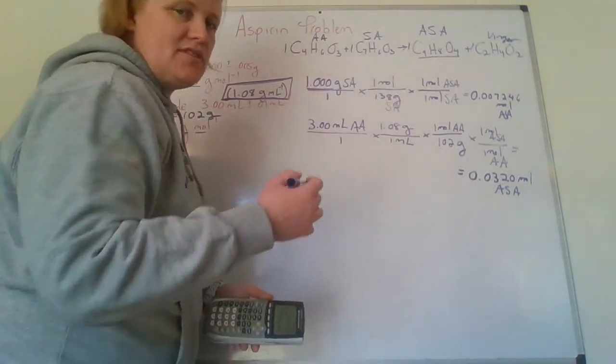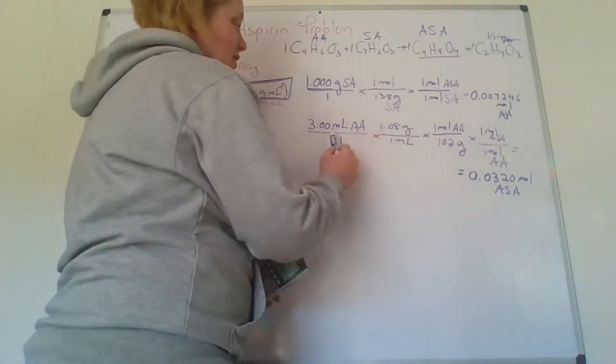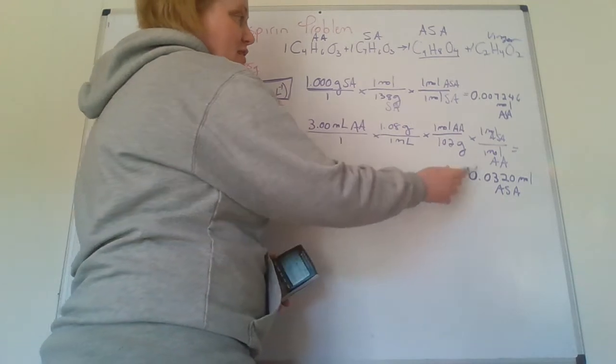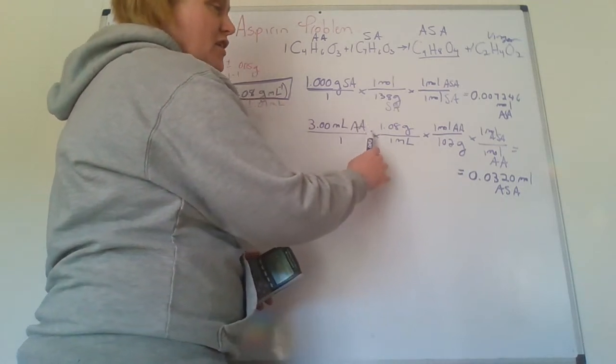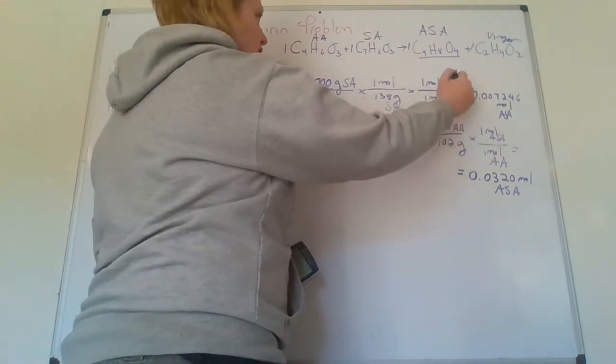So a lot of you at this step thought that acetic anhydride was your limiting reagent, because if you used the gas constant, you would have found that this was a lot smaller than this one.